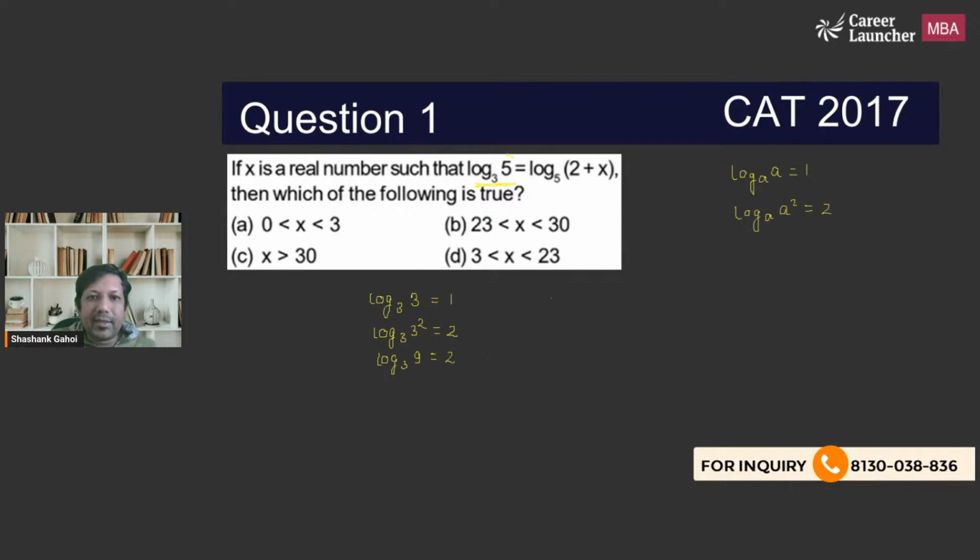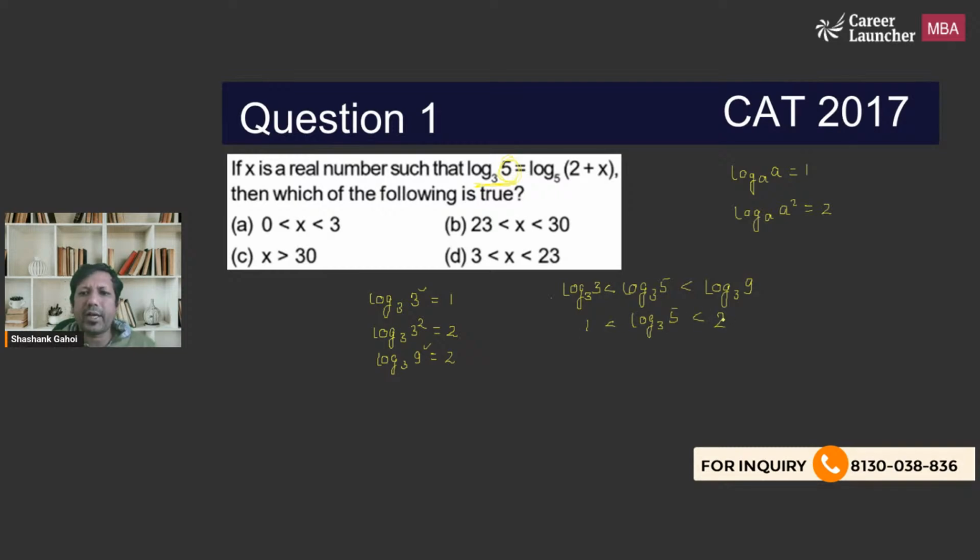And I can say that the value 5 lies between 3 and 9. So log base 3 of 5 is greater than log base 3 of 3, and it is smaller than log base 3 of 9. So log base 3 of 5 is greater than 1 and smaller than 2.